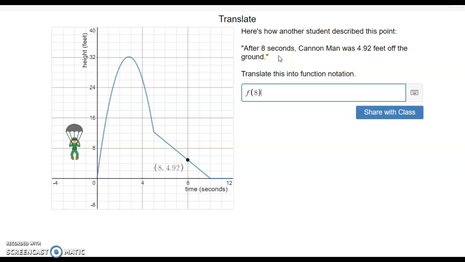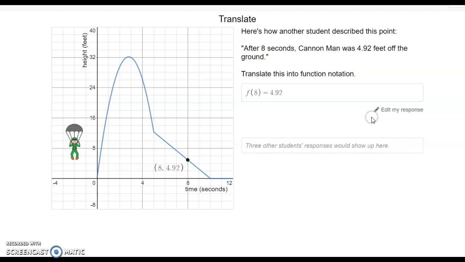I'm going to close the parentheses, put equals, and at 8 seconds, how high is he off the ground? 4.92. And you don't have to put feet. Don't put feet. Okay? So this says my function at 8 seconds, he will be at 4.92 feet.